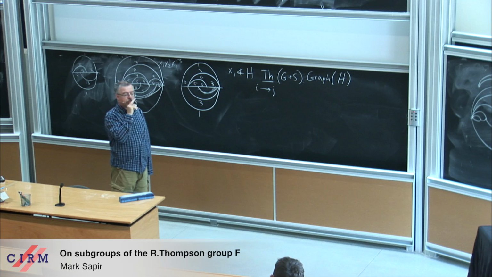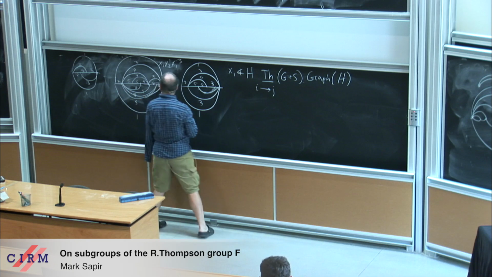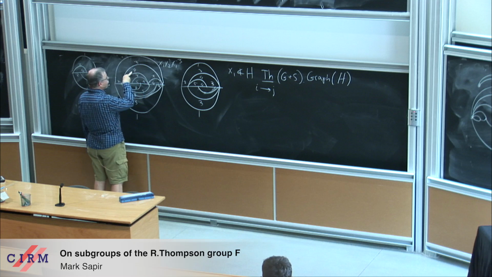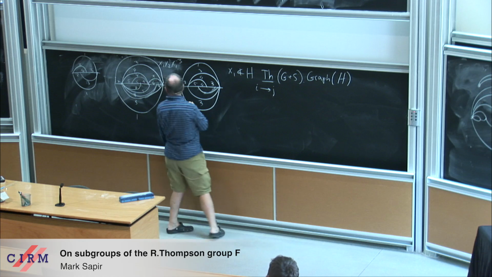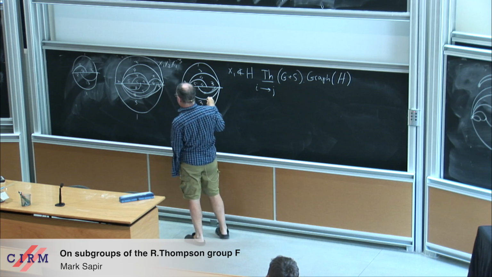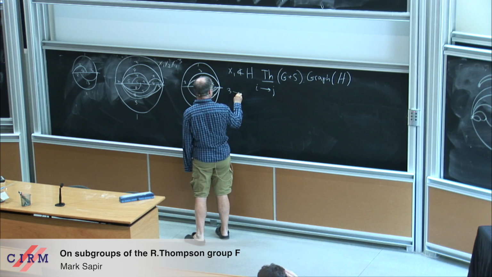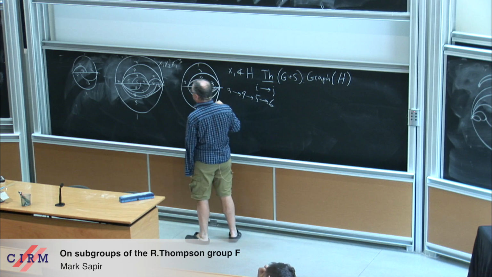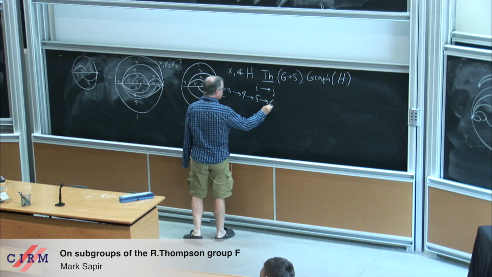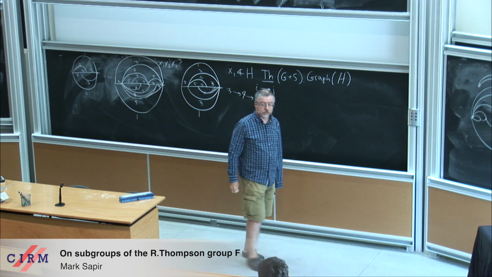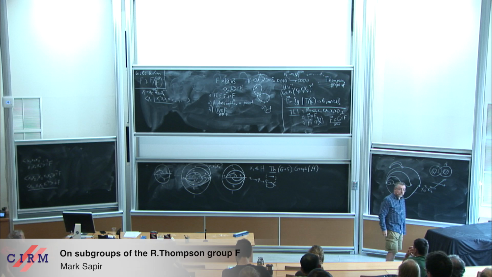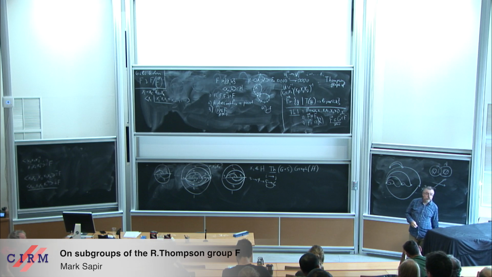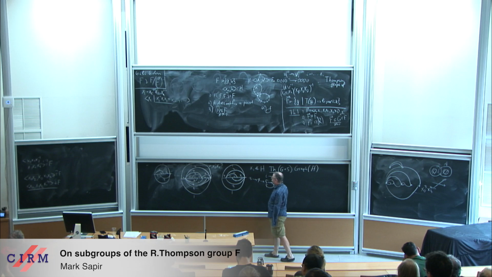For example, here we only need to consider edges 3, 4, 5, and 6. We have 3 goes to 4, 4 goes to 5, 5 goes to 6, and 6 goes to 5. A unique cycle. So the group acts transitively on the set of binary fractions. Not only doesn't it fix a point, but it acts transitively on the set of binary fractions.